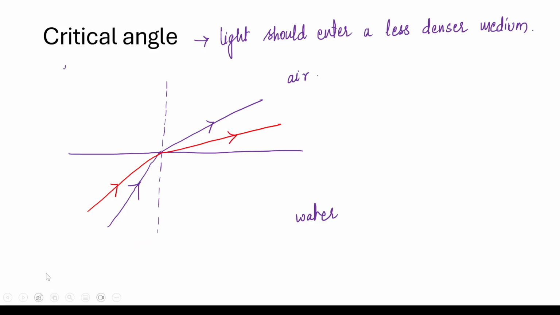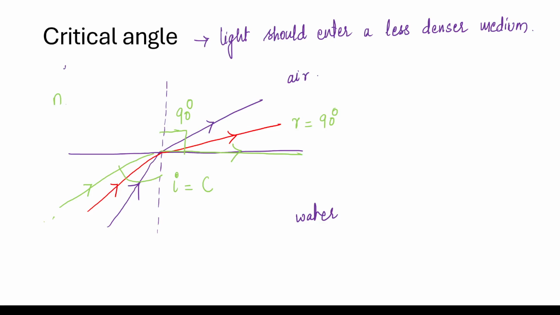But if I further increase my angle of incidence, at one particular angle, my angle of refraction becomes 90 degrees. Then that angle of incidence is called critical angle. So the angle of incidence for which angle of refraction becomes 90 degrees is called critical angle.